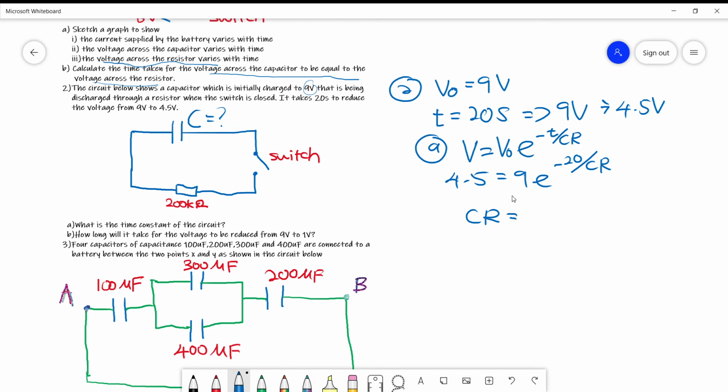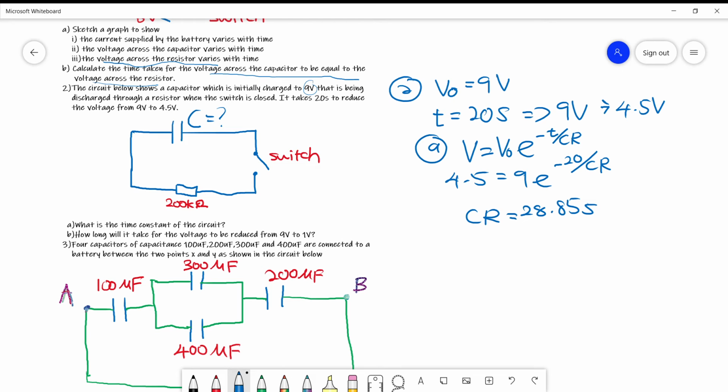The final answer is, sorry, not 28.5, it should be 28.85. So this is the time constant for the CR discharging circuit.